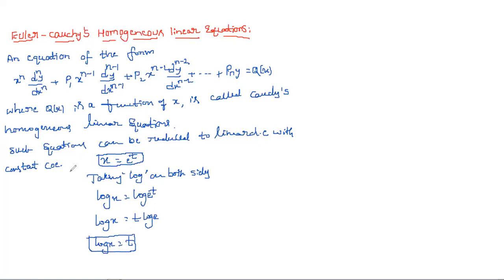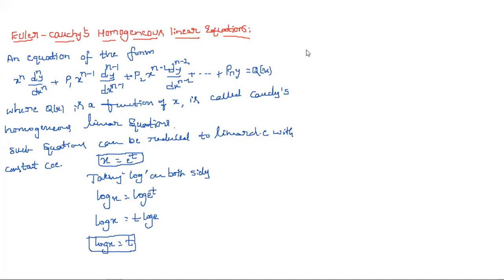Now in place of x we substitute e^t, and t is log x. It means we are converting the entire variable x in terms of t. Obviously dy/dx also has to be changed.